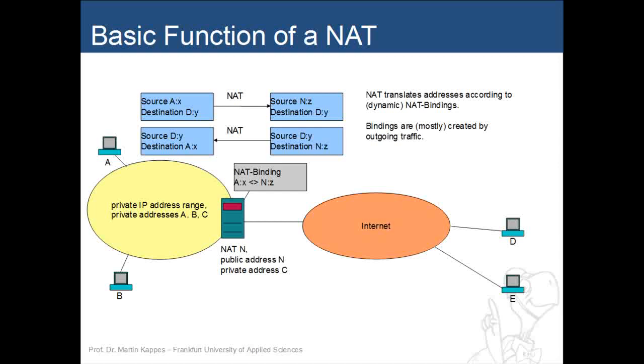That implies it's not enough to simply translate IP addresses, because if A and B by chance both contact machine D here on port 80, both using source port, let's say 45678, then by translating the addresses A and B both into N, you would not be able to uniquely identify each of the connections. In such a case there must also be a translation of the port numbers.